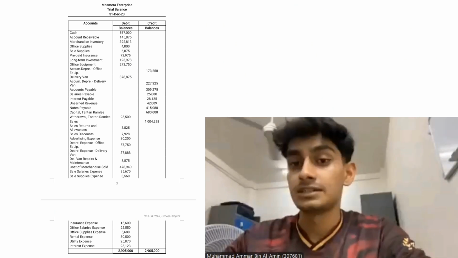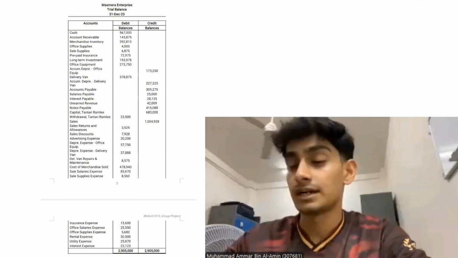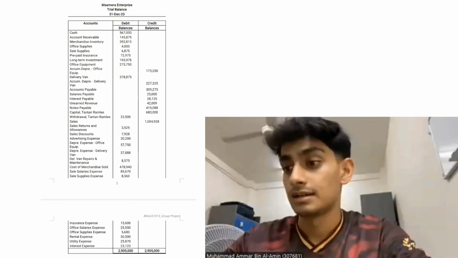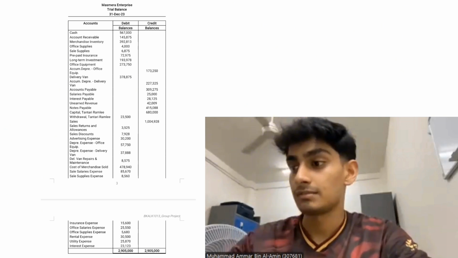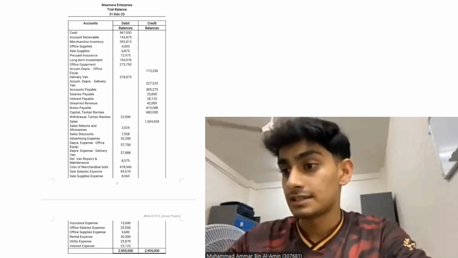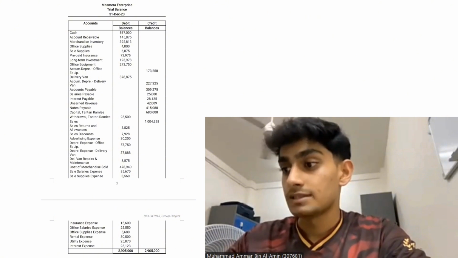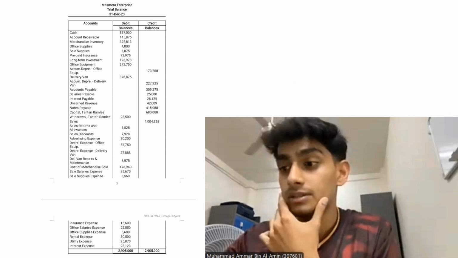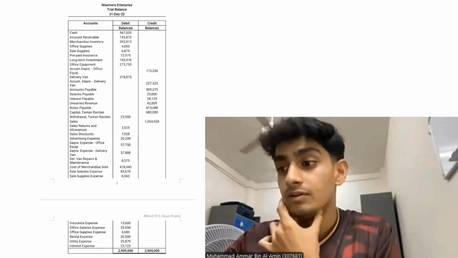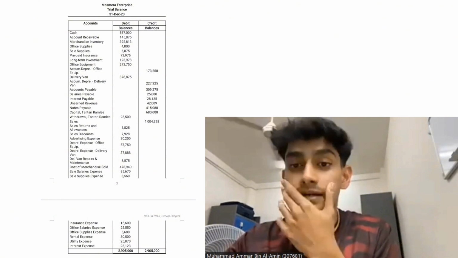And then the third part is the statement of financial position. In this one we calculate the current assets and the current liabilities. The total assets are 1,635,566, and the total of liabilities and owner's equity is the same, which is equal.